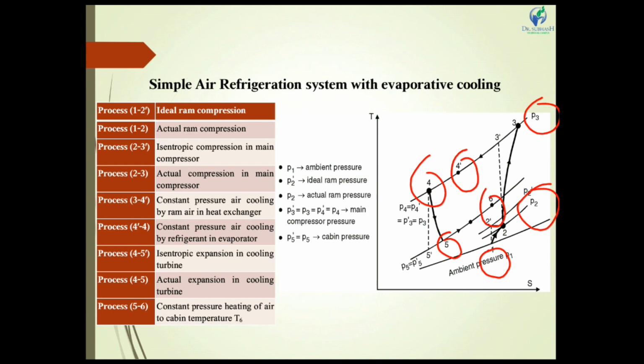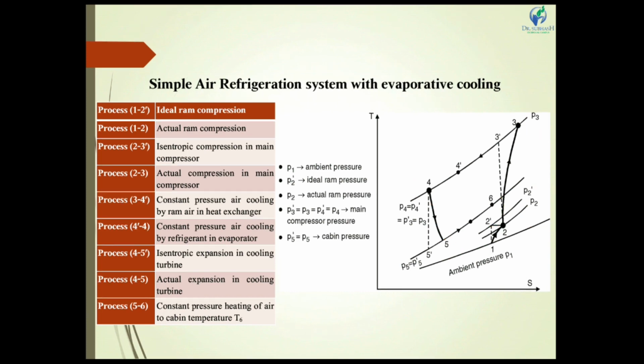Process 1 to 2 dash is the ideal ram compression, and process 1 to 2 is the actual ram compression process. Process 2 to 3 dash is isentropic compression in the main compressor, and 2 to 3 is the actual process in the compressor.